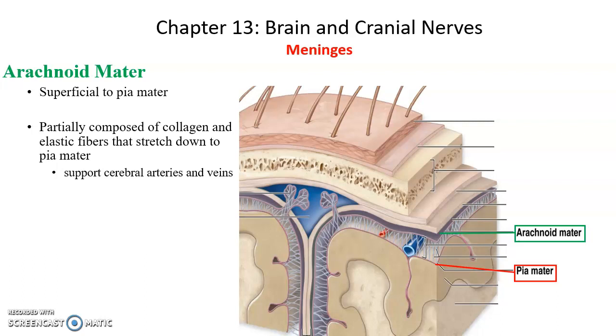And many of those fibers, those collagen or elastic fibers, actually push down to and connect to the pia mater, so that in this space here, it looks like fibers between the two meninges. And the arachnoid matter helps to support the blood vessels that are attached to the surface of the brain.